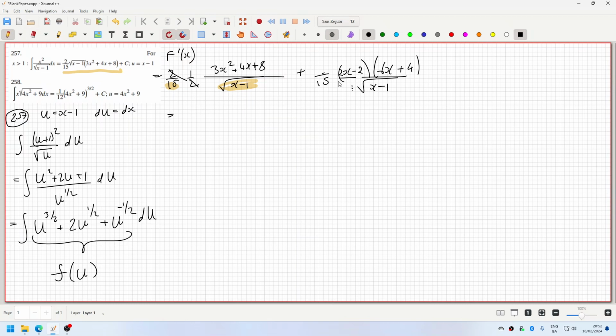So now that's going to be 1 over 15, 3x squared, 2x plus times 6x, that's 12x squared, plus 8x minus 12x minus 8, root x minus 1. Now it's not cancelling on the top, which means I'm doing something wrong.